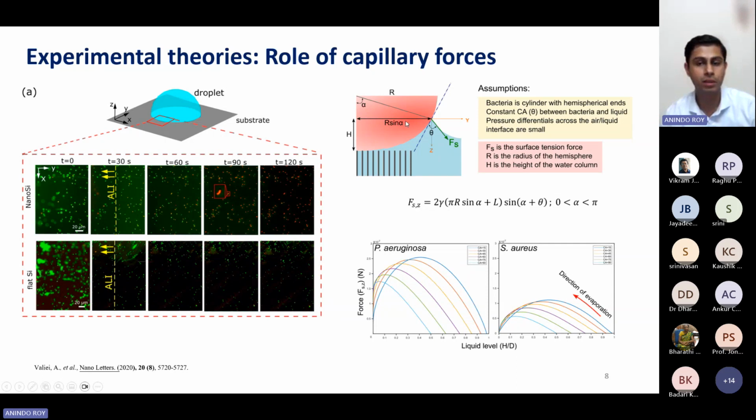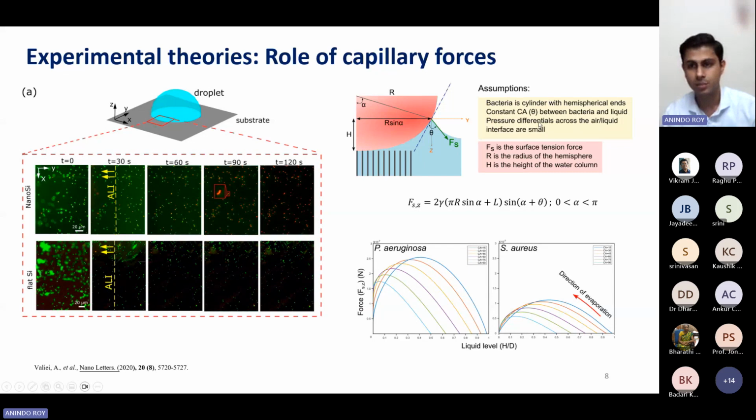So basically, we can model the bacteria as a cylinder with two hemispherical ends. So this way, we can model either rod-shaped bacteria, like I described, or we can also model spherical bacteria by taking the cylinder length to be 0, and then the two hemispherical ends come together to become a sphere.